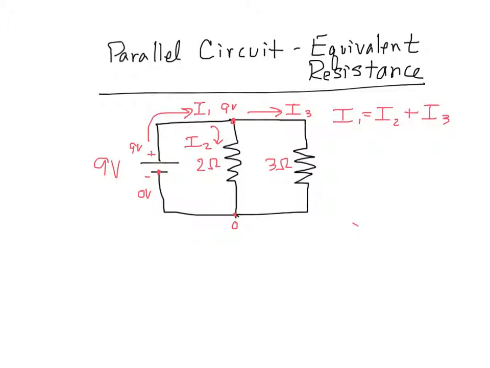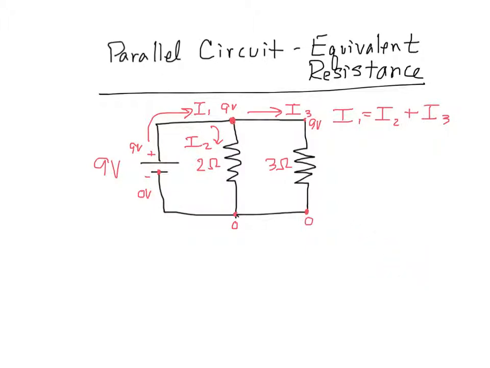So if the negative terminal of the battery is 0 volts, then this junction also has to be at 0 volts, and this junction would also be at 0 volts, and this one up here would be at 9 volts, just like the junction right here. Okay, so the two top junctions are both at 9 volts. So what that lets us do, and it looks like I'm making some stray marks down here, sorry.